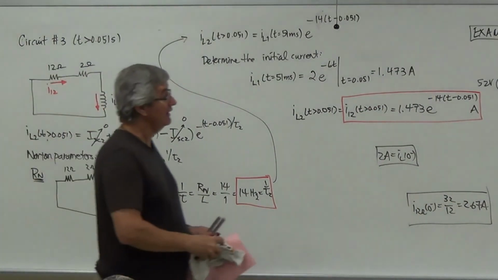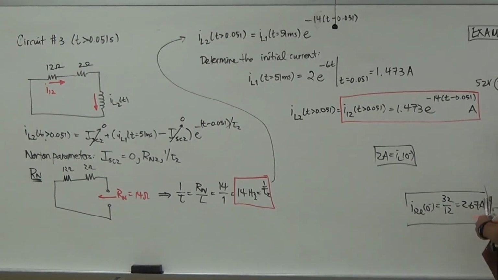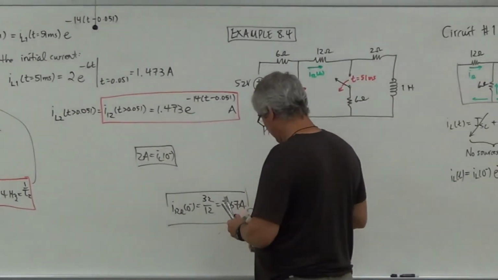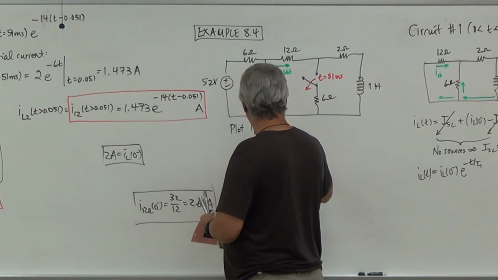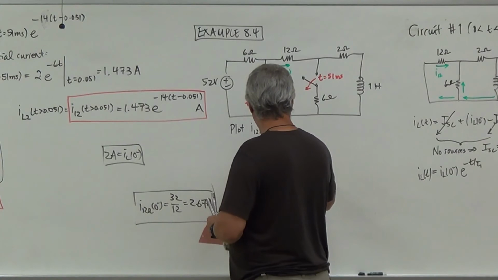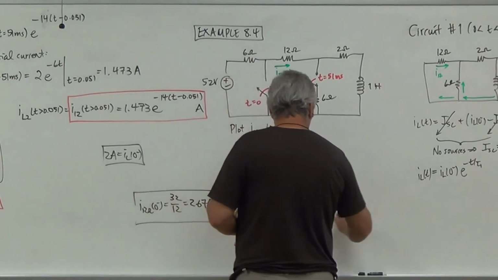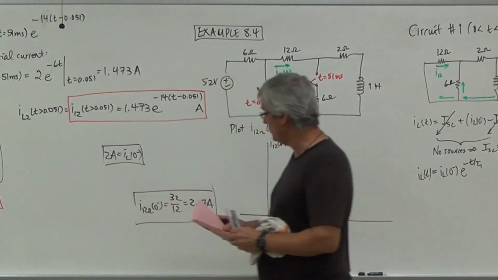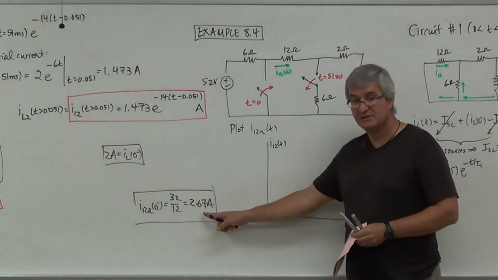So, let's plot this thing. Let's see if this makes any sense here. What we want to do is plot I-12 of t. So I'm going to look at what the initial value was that it started off at. Well, it started off at 2.67 amps.